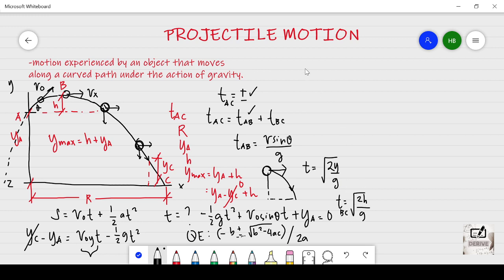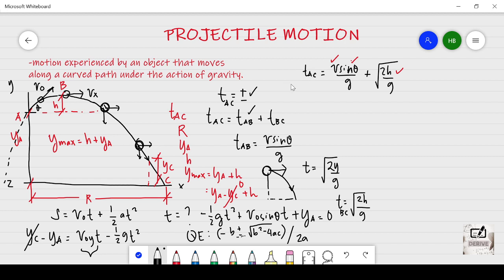So, TAC will be V sin theta over G plus square root of 2h over G. Ayan, kagaya ng sabi ko kanina, basta given yung velocity mo, yung angle theta mo, and pati yung h mo, you are going to have your TAC.